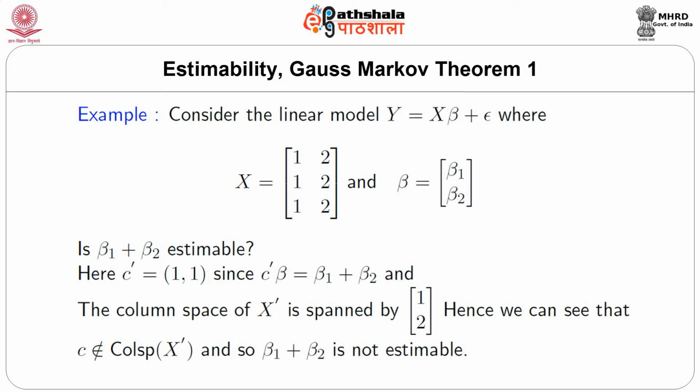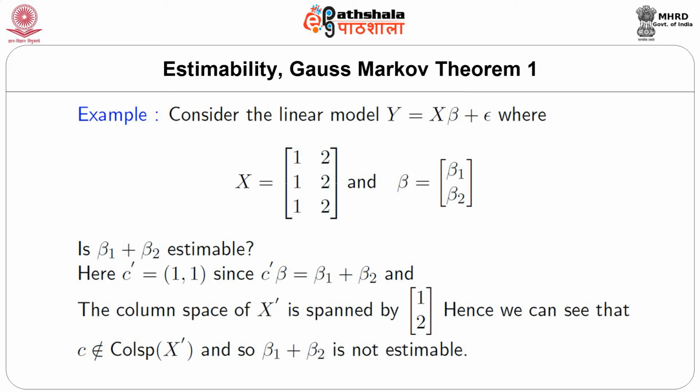Consider the linear model y equals X beta plus epsilon, where X is 1 1, 1 2, 2 2 and beta equals beta 1, beta 2. The question is, is beta 1 plus beta 2 estimable? Here C transpose is 1 1, since C transpose beta is beta 1 plus beta 2.